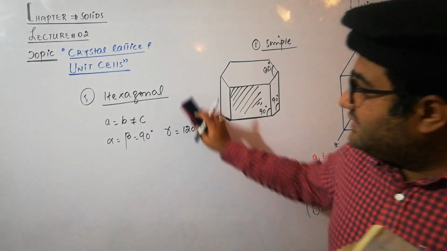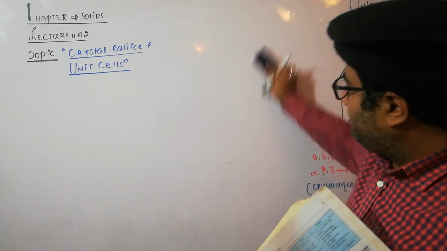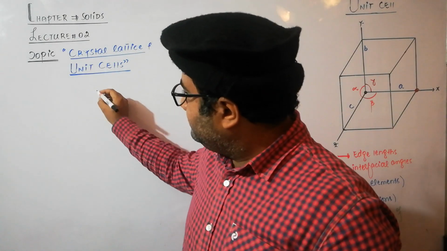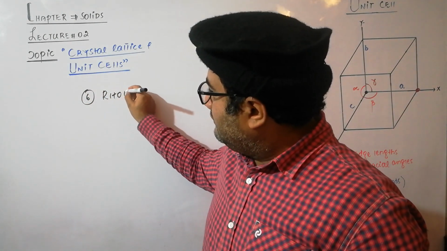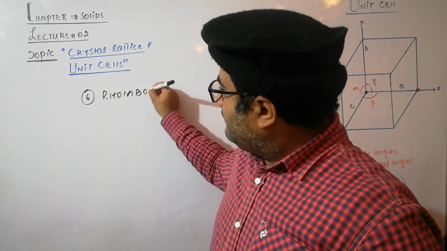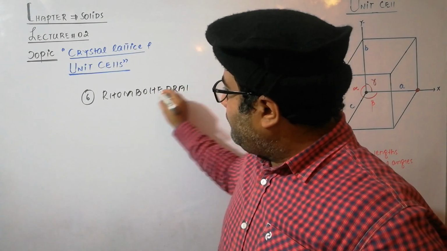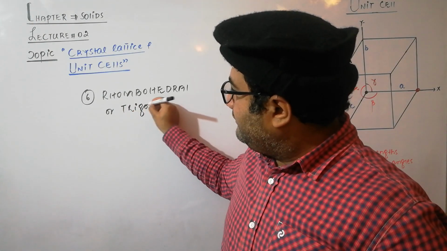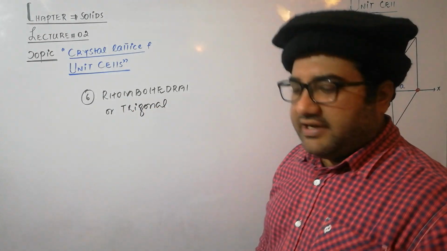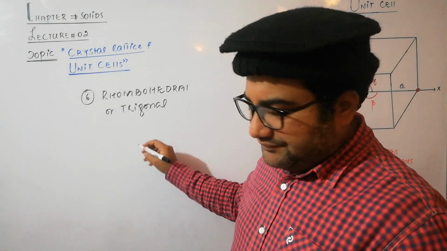Let us move towards the sixth one. The sixth is rhombohedral or trigonal. Now, what is the relationship between the crystallographic elements?